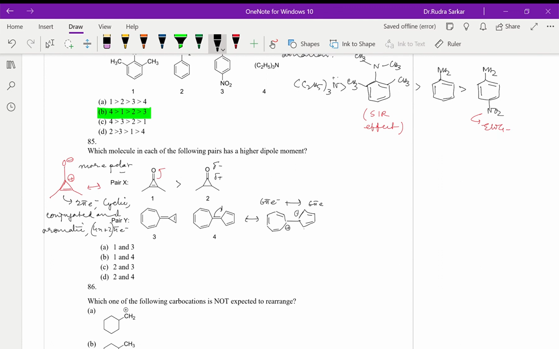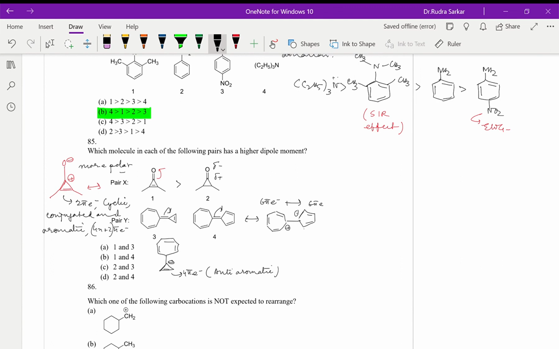But however, if we try to create charge separation either way, like that, for the compound number 3, what we are going to find is that it leads to the formation of one aromatic system, but the other one is anti-aromatic. This is a 4 pi electron system, which is anti-aromatic.